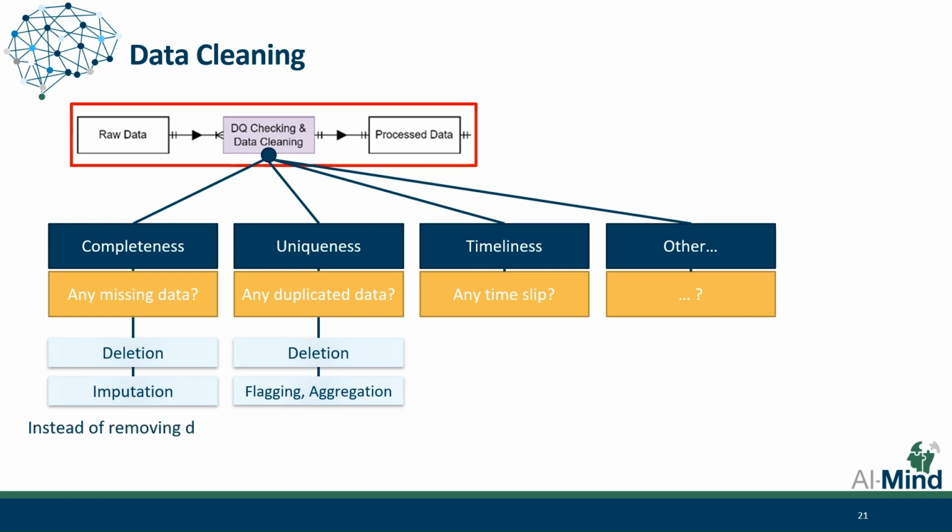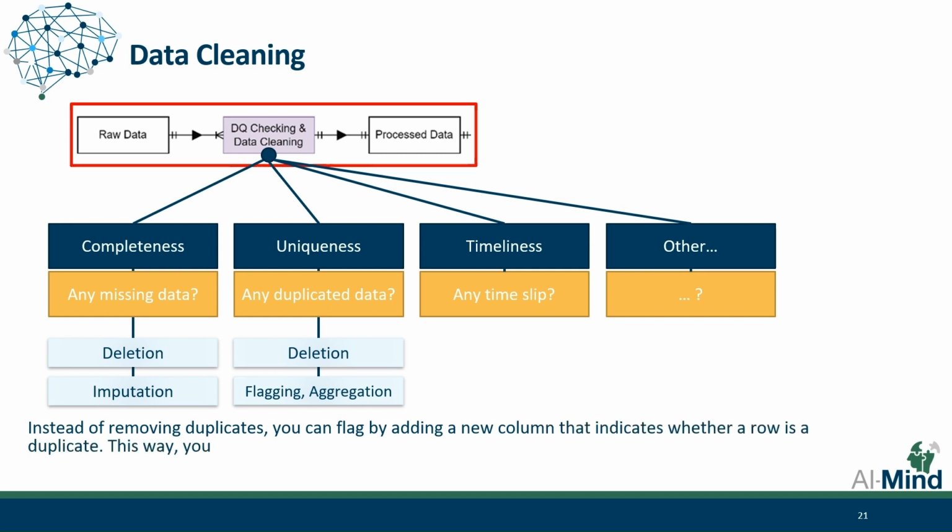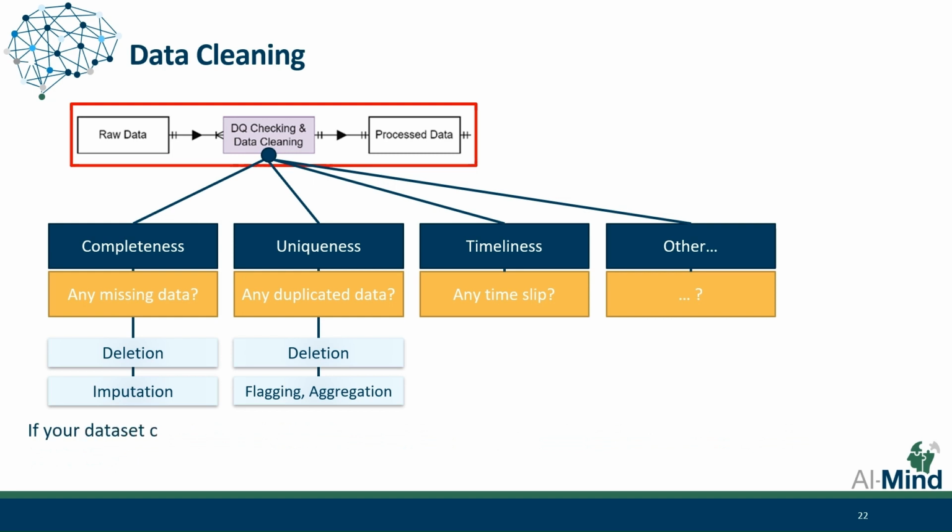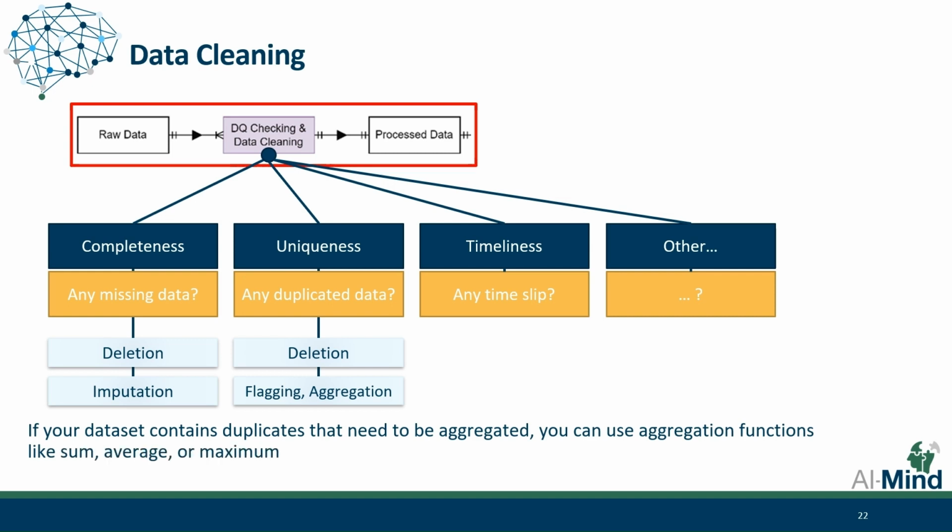Instead of removing duplicates, you can flag them by adding a new column that indicates whether a row is a duplicate. This way, you retain the information while allowing you to analyze the impact of duplicates on your results. If your dataset contains duplicates that need to be aggregated, you can use aggregation functions like sum, average, or maximum to combine the duplicate entries into a single record.